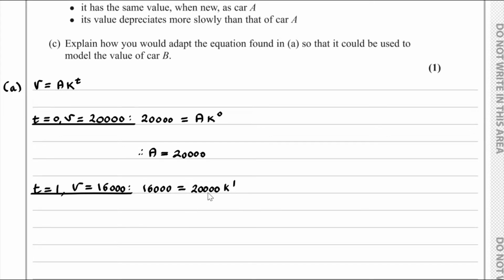And if we divide 16,000 by 20,000, hopefully you can see k is equal to 0.8. And therefore, we can conclude v is equal to 20,000 times 0.8 to the power of t.